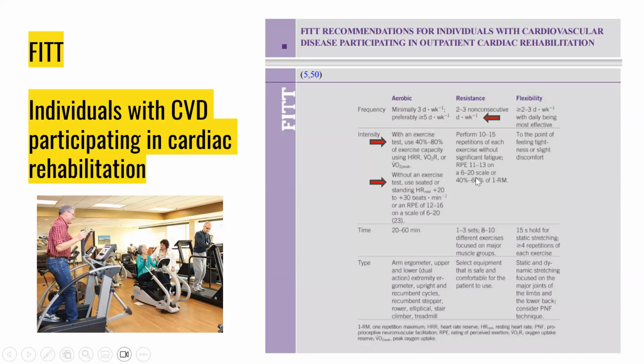So very low intensity overall compared to other types of resistance training where the intensity might be a little bit higher. 1 to 3 sets, 8 to 10 different exercises, selecting equipment that is safe and controllable for the patient to use. And flexibility is 2 to 3 days per week to the point of feeling tightness or slight discomfort.